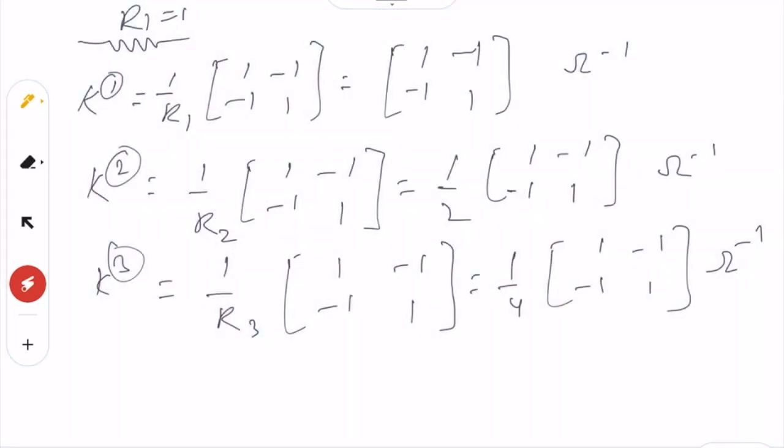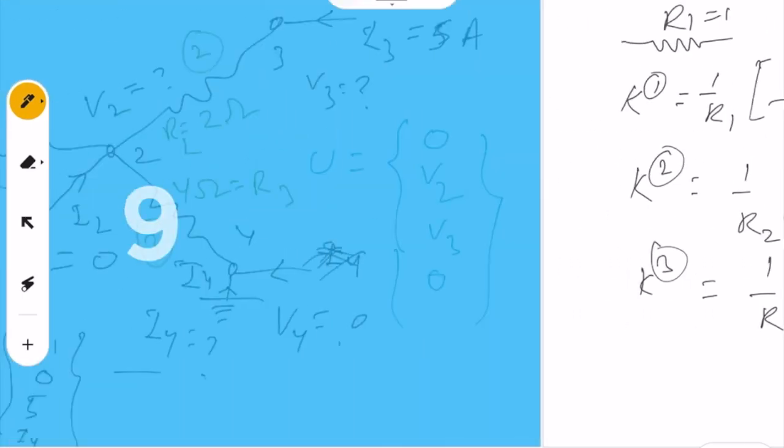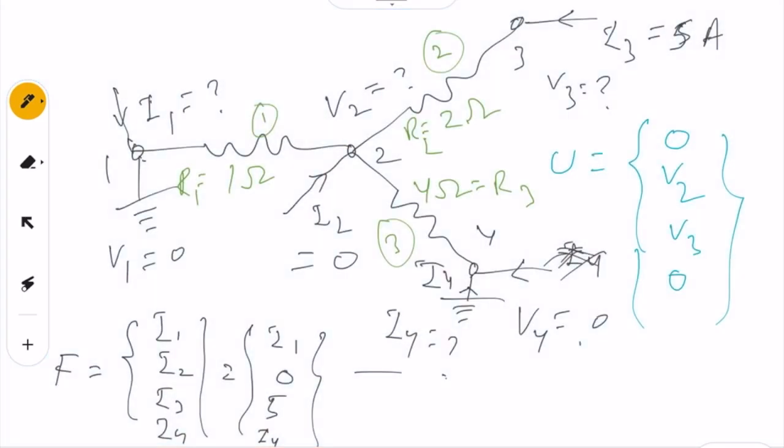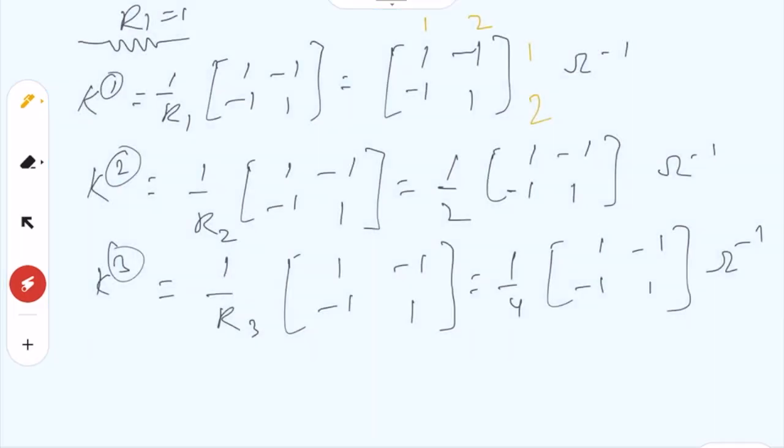For the second element, we have 2 3, so accordingly we write 2 here, 3 here, 2 here, 3 here.